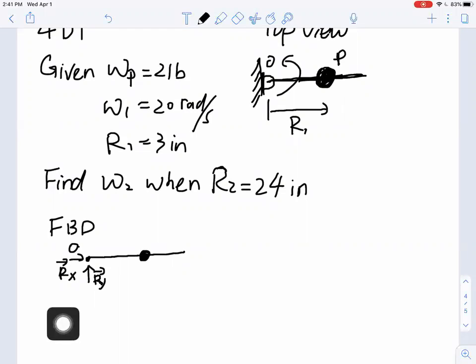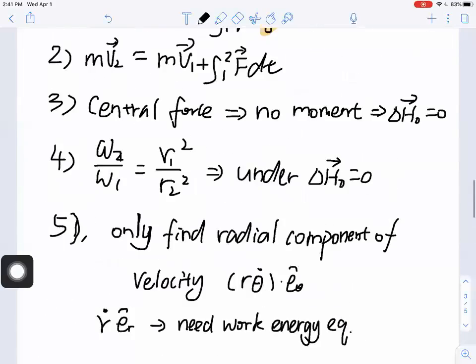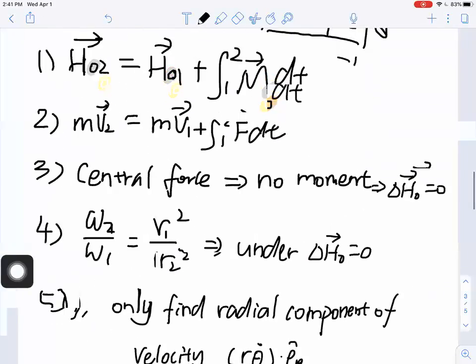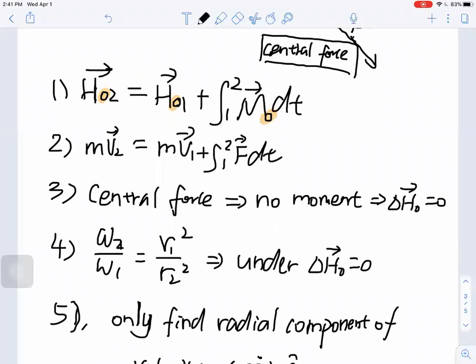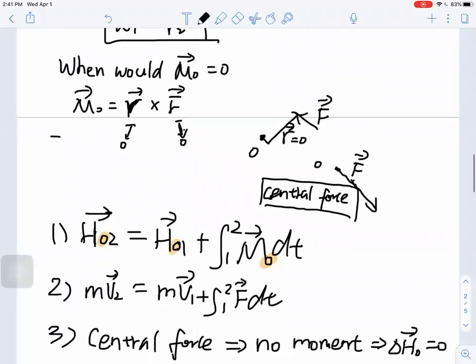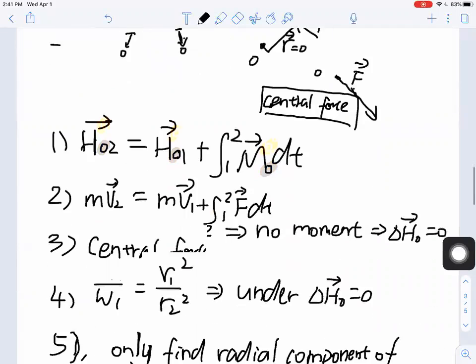Like we mentioned, first we want to see if the angular momentum is conserved. From the equations we have, if the angular momentum is conserved, we can find some very useful information and simplify our equation. So first we want to see if this term is 0. If there's a central force, there will be no moment, then we have conservation of angular momentum.